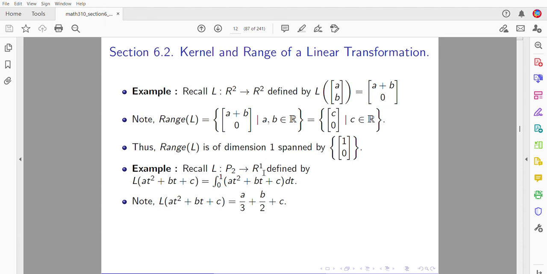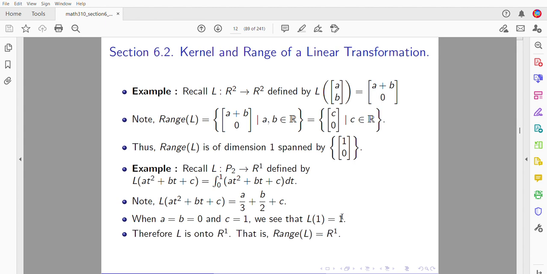Suppose I take a equals 0, b equals 0, c equals 1. So L of the constant polynomial 1 is simply 1. That means once you hit somebody non-zero, you can hit anybody. So L is onto R1. That is the range of L is all of R1.